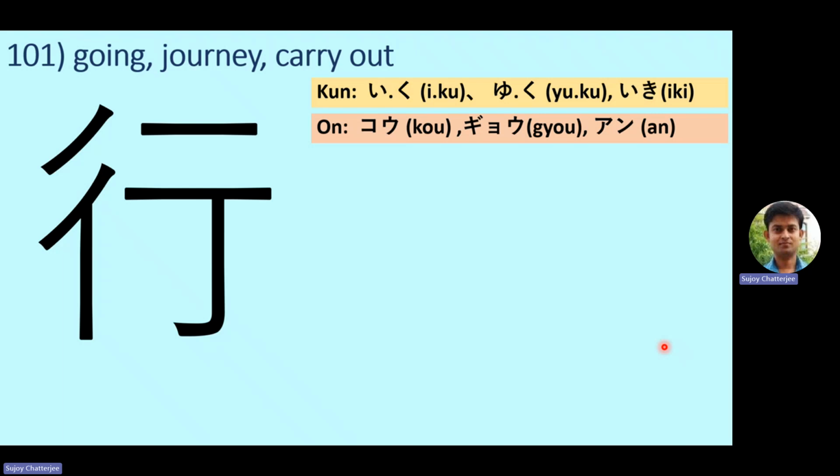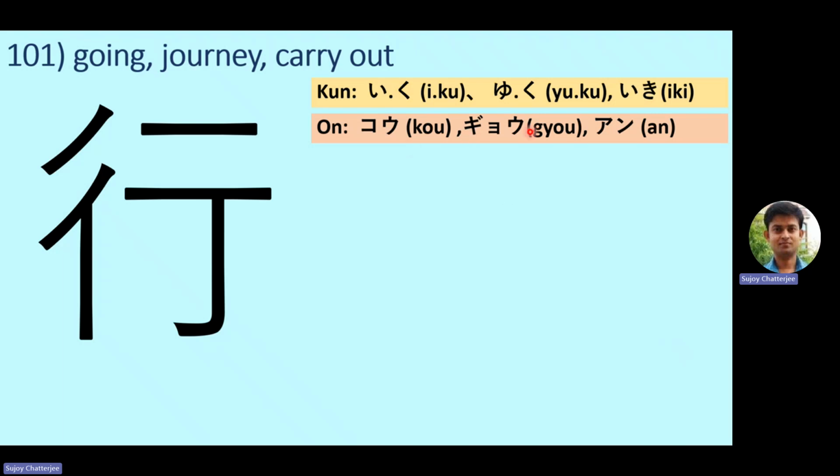In kunyomi, the reading is i, and it is added with ku to make iku, which is the verb which means to go. Then the other reading is yuku or iki. Again the same thing, ikimasu. The onyomi readings include ko, gyo, and an, as you can see here.